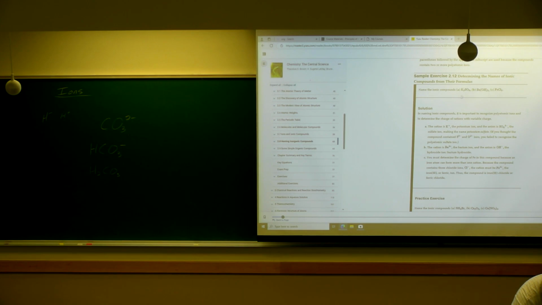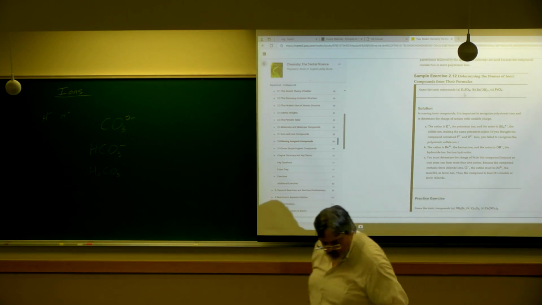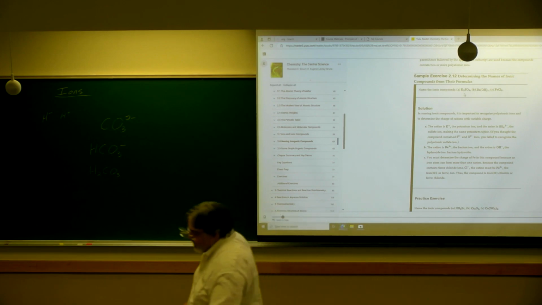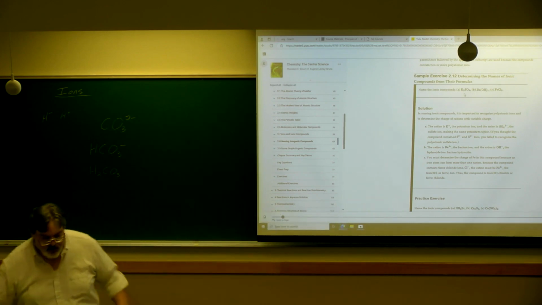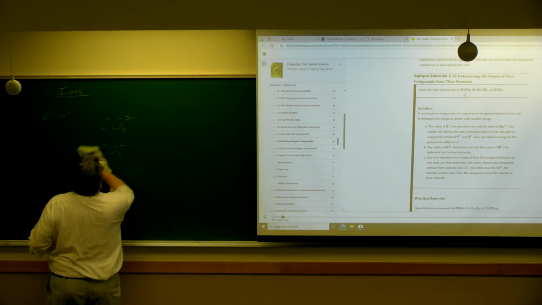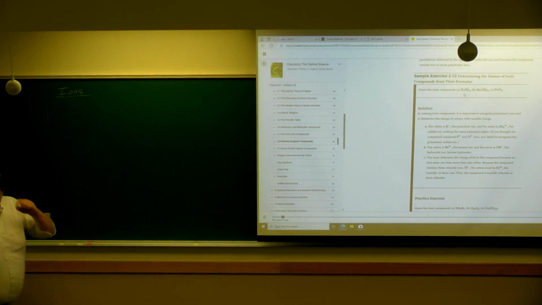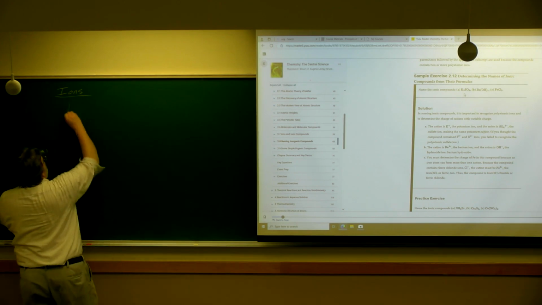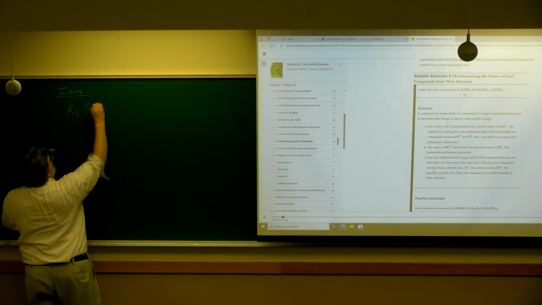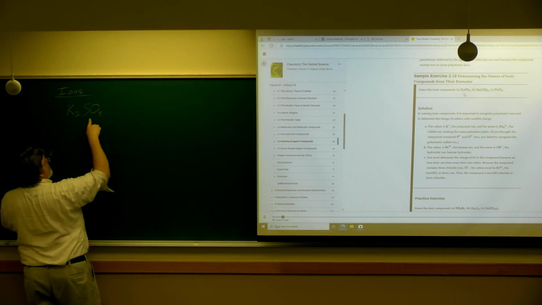All right, here. If I tell you SO4 is sulfate, and these polyatomic ions, they're fully predictable. Maybe not from the periodic table, but there's only one charge that goes with the polyatomic ions. So what would you call this one? So that's sulfate.